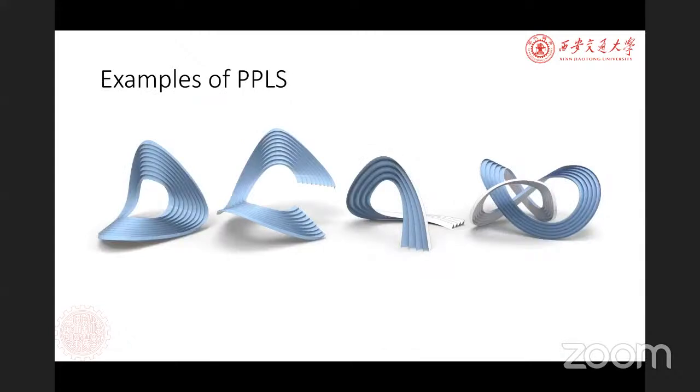These are some examples of principal pleated structure.